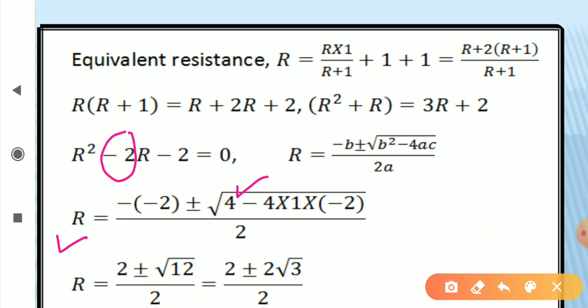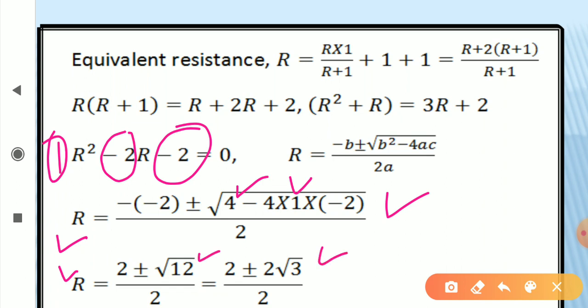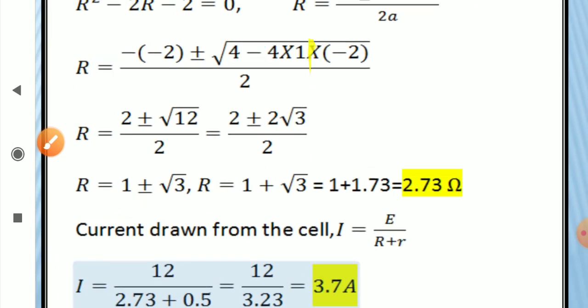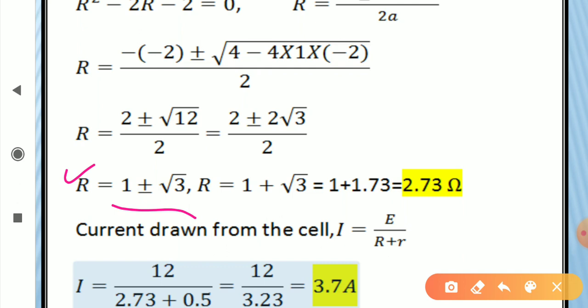Now a is equal to 1 here, 1 into c is equal to minus 2, right? So you get R is equal to 2 plus minus under root 12 upon 2, right? And 12 can be written as 2 root 3, and above and below you can cancel 2. So you get R is equal to 1 plus minus under root 3.